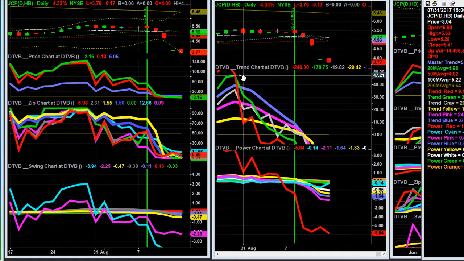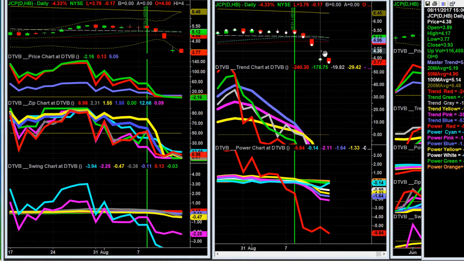In this case, on the vertical green line day, we had the close at 539, let's call it 540, and 3 days later it closed at 393. So it dropped from 540 to about $4, probably about 25%. In 3 days, the value of the stock drops 25%. That's real significant.